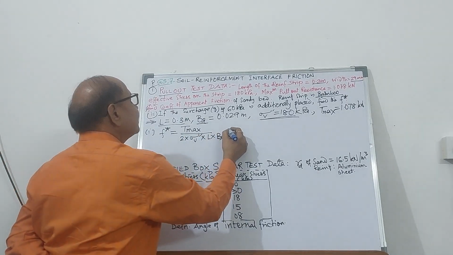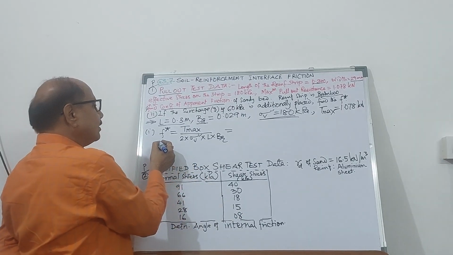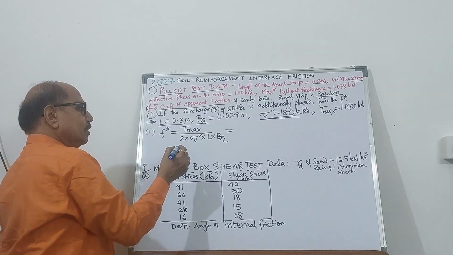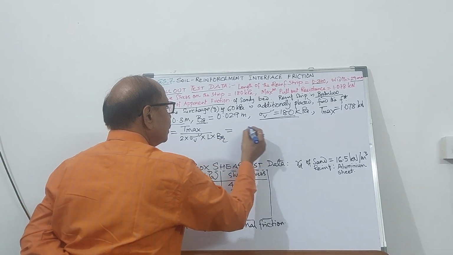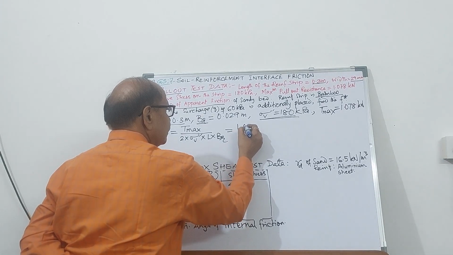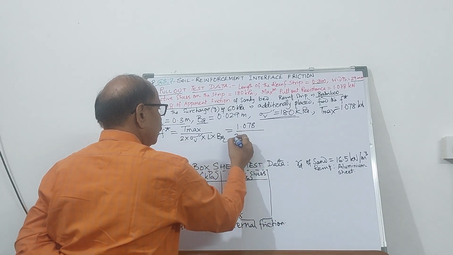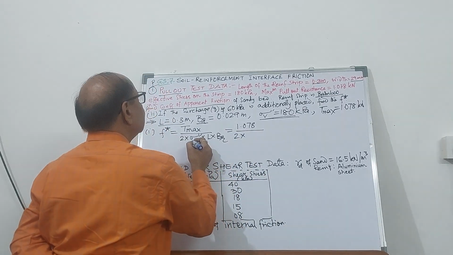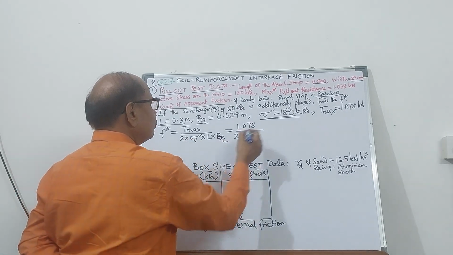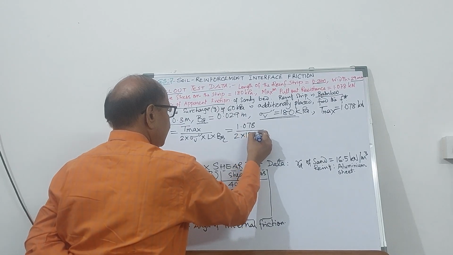So from pull-out test data, if you substitute everything and calculate, you will get the coefficient of apparent friction, F s star. So let us substitute the values. 1.078 kilonewton, T max, divided by 2 into the effective vertical stress, given as 180 kilopascal, into 180.